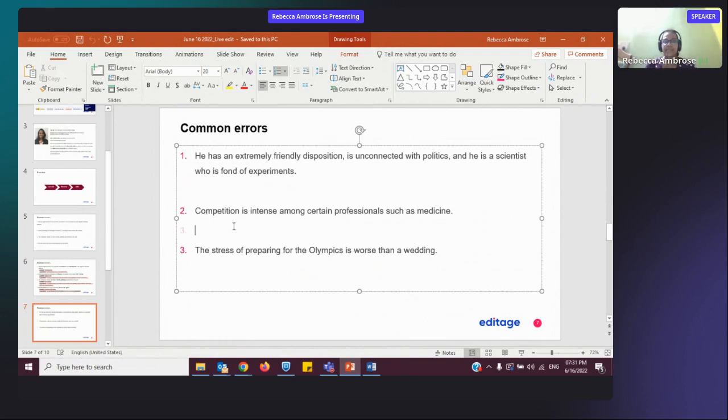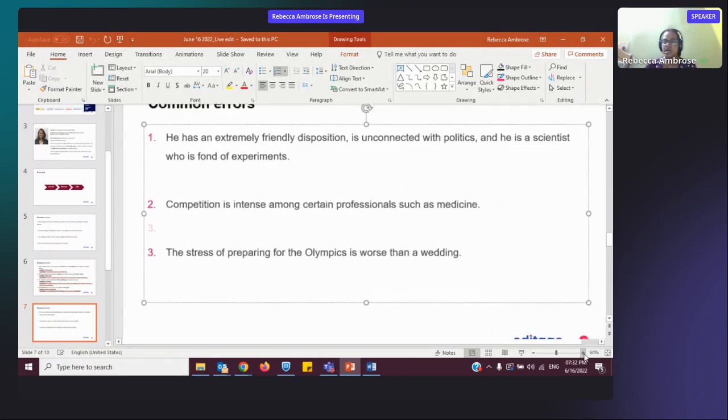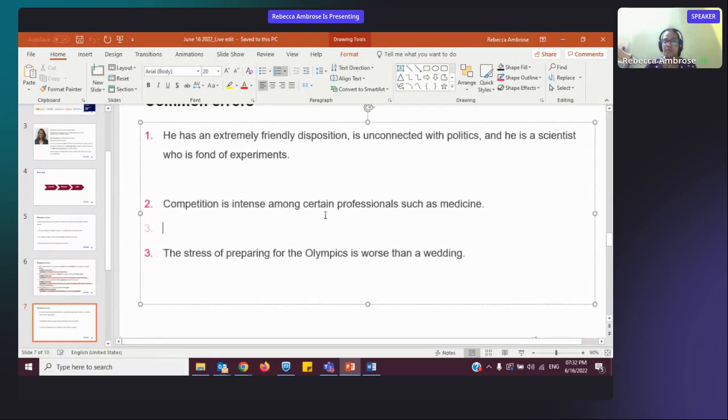In the second example, we have competition is intense among certain professionals, such as medicine. The problem with this example is that professionals and medicine don't match. Medicine is not a professional, it's perhaps a field but not a professional. I think we come across these kinds of errors when we edit papers, where we are listing examples of a parameter.